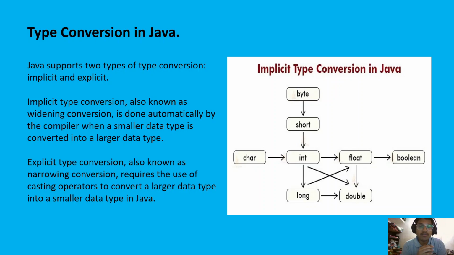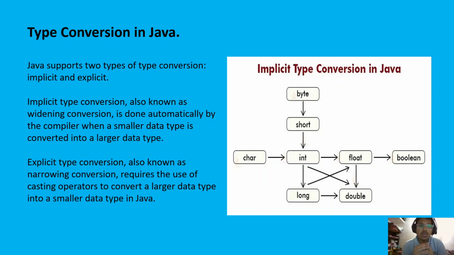For type conversion in Java, there are two types of conversions: implicit and explicit. Implicit type conversion is also known as widening conversion because the change is automatically done by the compiler itself when a small data type is converted into a larger data type, like from char to int, short to int, int to long, int to double, int to float, like you can see in the chart.